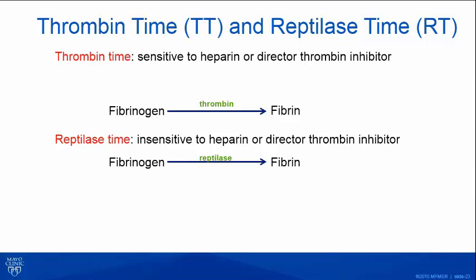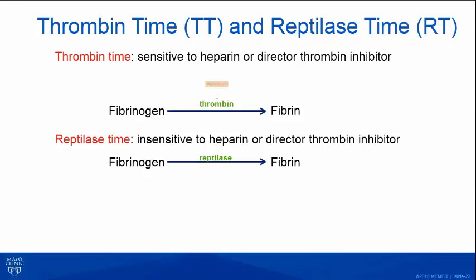We would usually add in the reptilase time if the thrombin time is abnormal. The two assays have the same substrate and final product. However, the enzyme being used is different. In the thrombin time, thrombin is added. In reptilase time, reptilase is added. This is a snake venom.